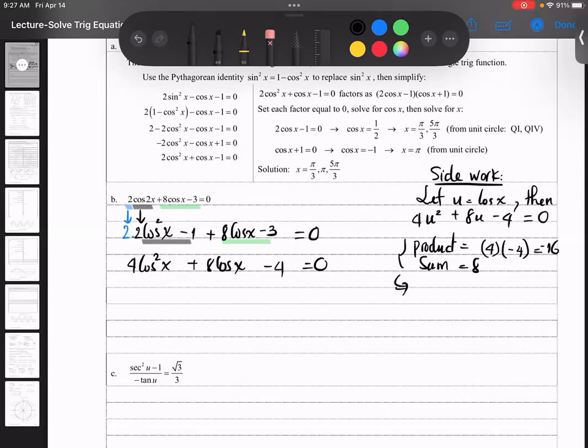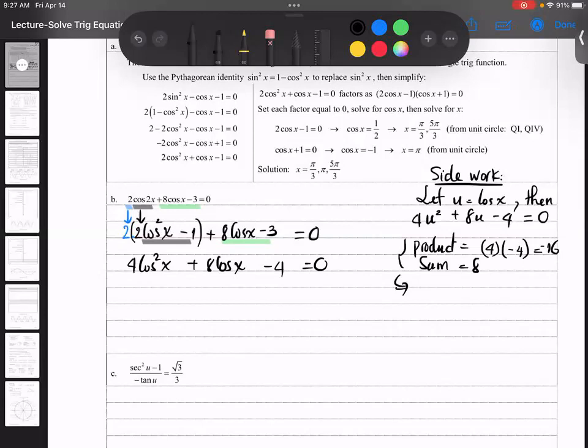Oh, sorry, there's something wrong here. I made a very, very popular mistake. I replaced cosine 2x with 2 cosine squared x minus 1, but the blue 2 is multiplied with that term, so I have to have a parenthesis.